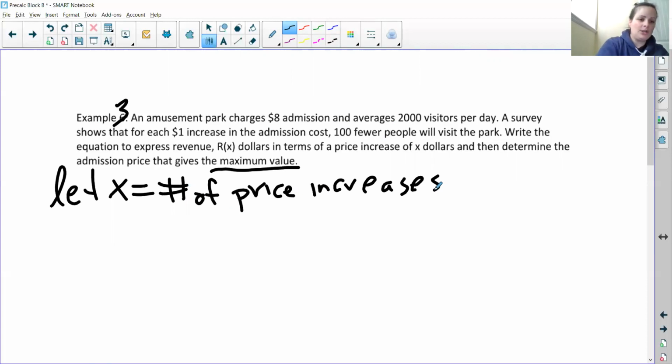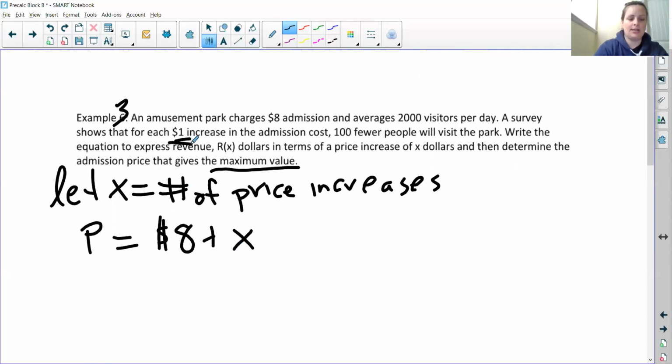Okay. We know that the price of tickets, P in this case is going to be price, is $8 plus 1 times X, because it's a $1 increase. So there's technically an invisible 1 there for the amount of money being added to it, but of course, lazy mathematicians.